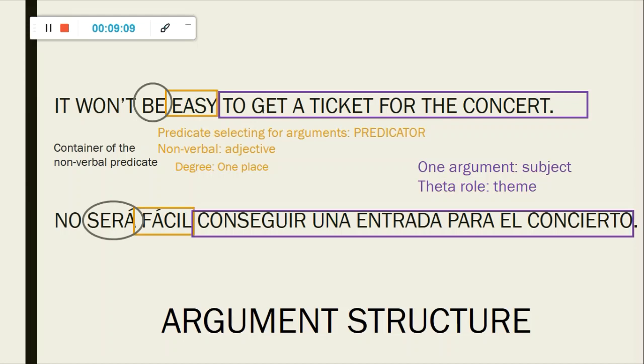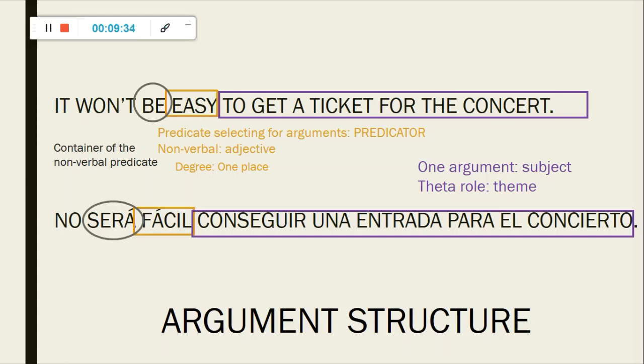So the grammatical notions of tense and mood can only be expressed in verbs. So the verb in this case is acting as container and is providing the grammatical elements that nonverbal predicates cannot provide.